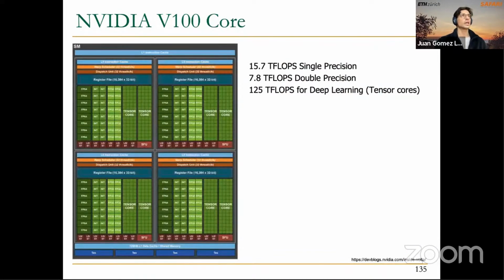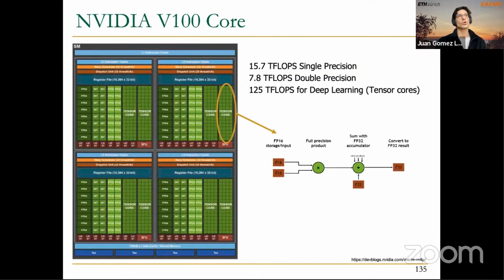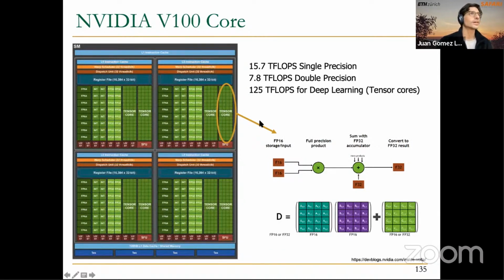But if you take a look at one of the cores, one of the key differences in this core is that they have these tensor cores that are optimized for deep learning, for machine learning workloads. But that's not the most important thing in this figure. What I would like you to check now is that we have here different compute units or execution units or functional units.